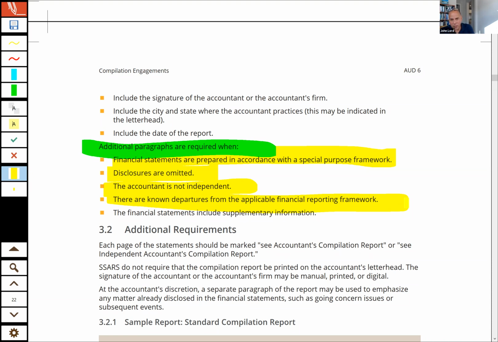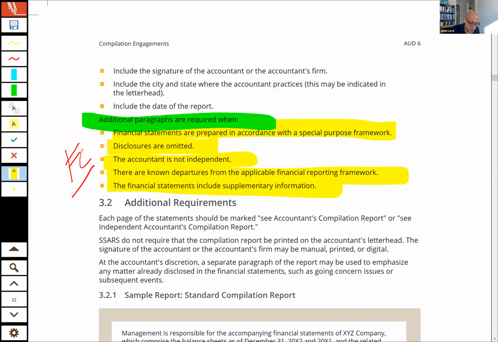So even though we're not giving assurance, if we know there's problems, that license says you're going to have to be responsible and tell the world about those known departures. And if there's some supplementary information, we have to call that out. So flashcard those requirements.